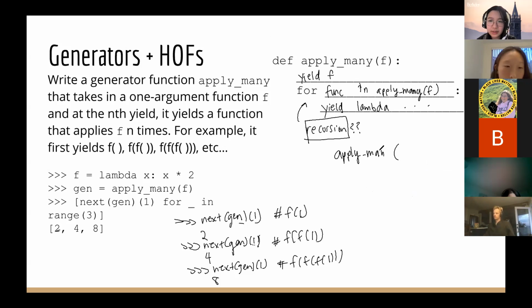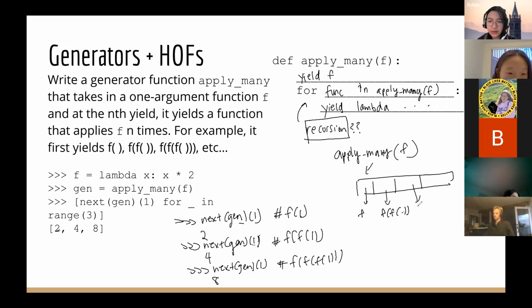So apply many of f is going to give us this generator essentially. I'll try to draw this out, where the first thing we generate is going to be f. The second thing we generate is going to be f of something, this function f of. The third one we generate is going to be f of something, dot dot dot, etc. And the way we want to transform this is, well, off the bat in the first time step, we yielded f.